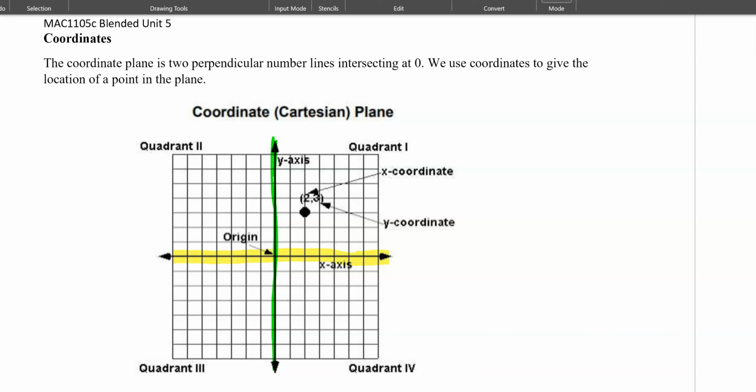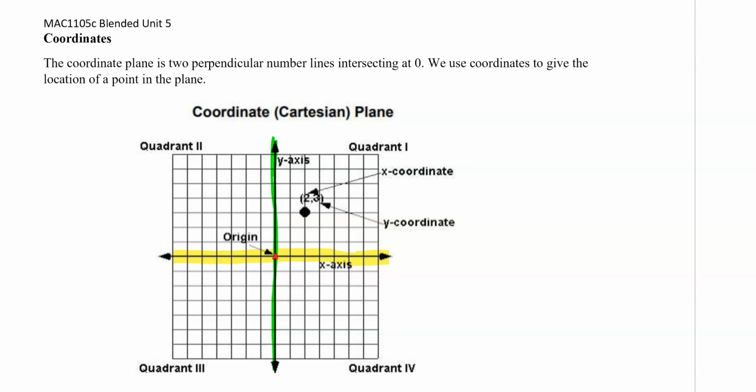Now in our axes, if we're thinking about a number line, the origin is where they're both 0. So if I go to the left, those are negative numbers. And if I go to the right, those are positive numbers, just like a regular number line.